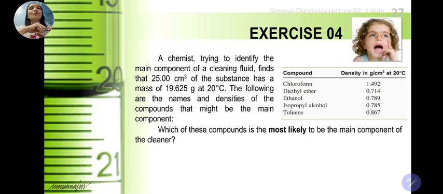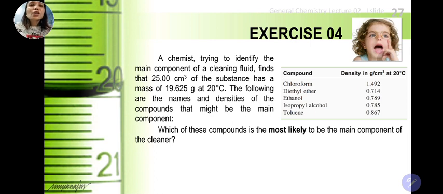Okay. So, for our meeting today, I will just leave you this exercise. Tapos, next meeting na lang natin i-discuss yung ibang mga measurements, mga uncertainties in measurement, significant figures, like that. So, ito yung exercise nyo, which you will answer. I will post this in your classwork. A chemist is trying to identify the main component of a cleaning fluid.